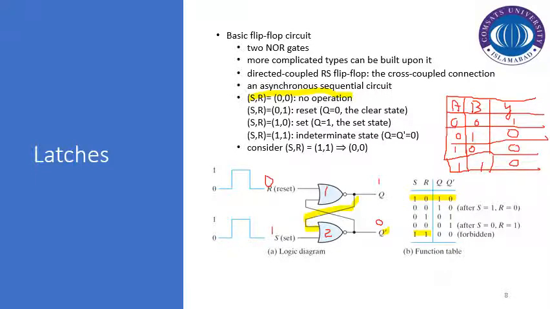If we see this truth table, one interesting fact is that even if we don't know what the previous output is, at any time instant if any of the inputs goes high, the output goes low, as we can see from these three combinations.